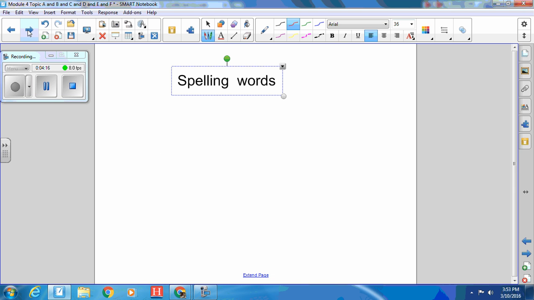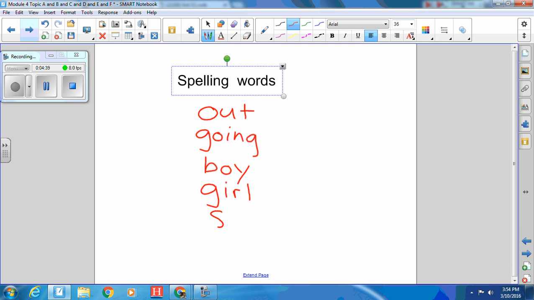Spelling words. Tomorrow is our spelling test. Got, out, going, boy, girl, and soil. Our spelling pattern this week is ick.